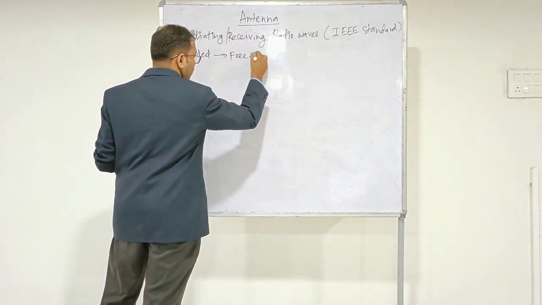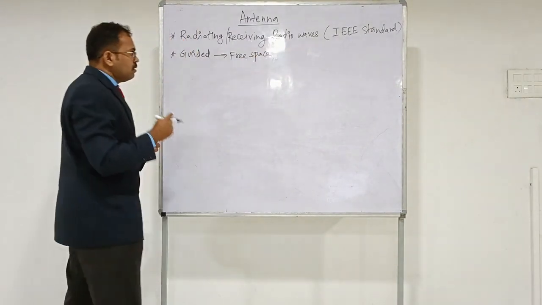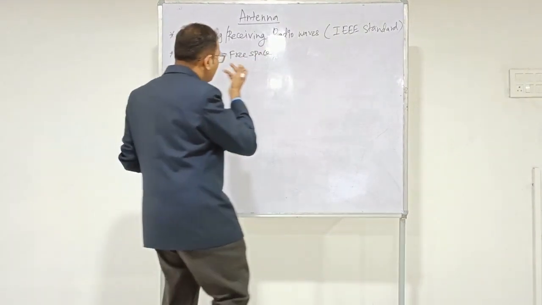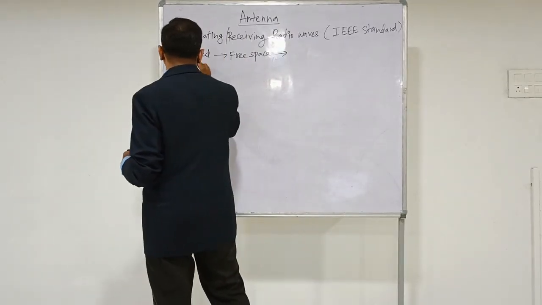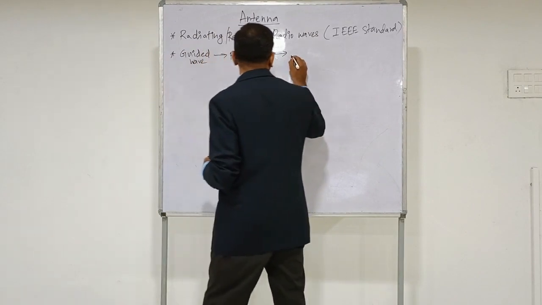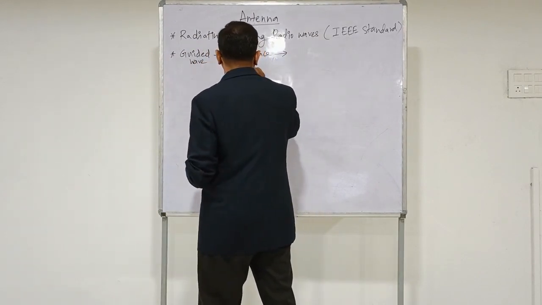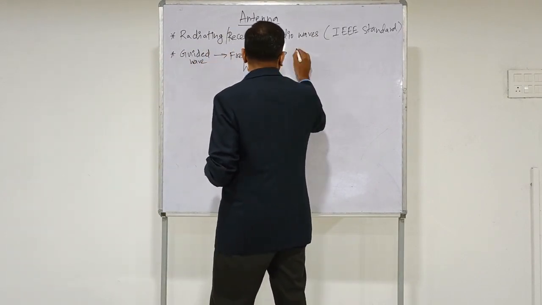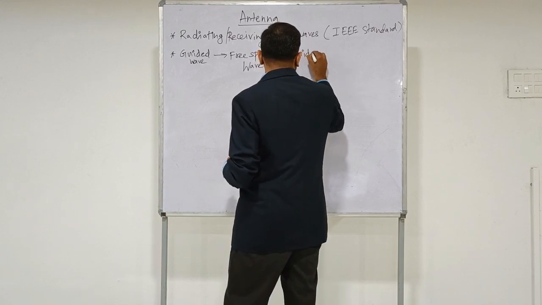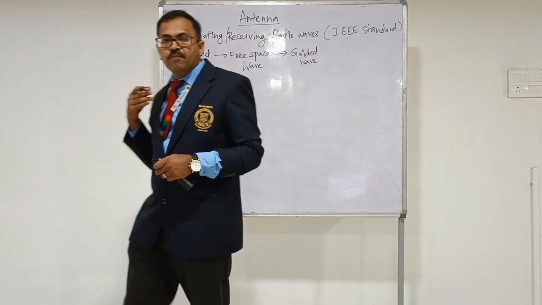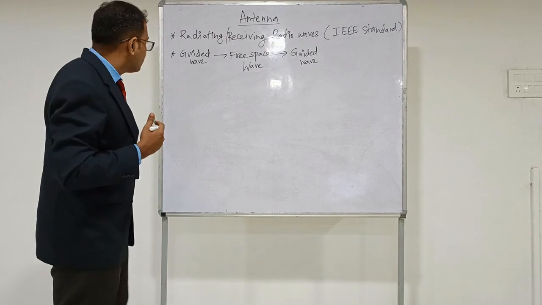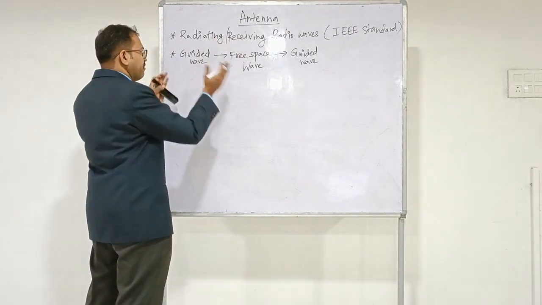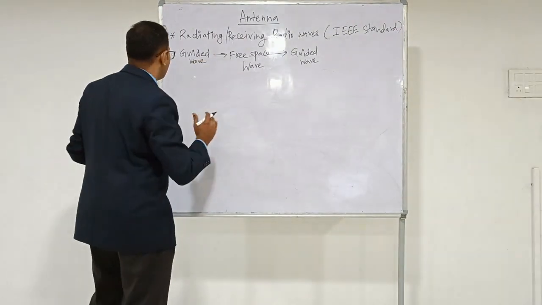During reception, this free space wave is once again converted back into a guided wave. That is why an antenna can be called a transition device, or a region of transition between guided wave and free space wave.